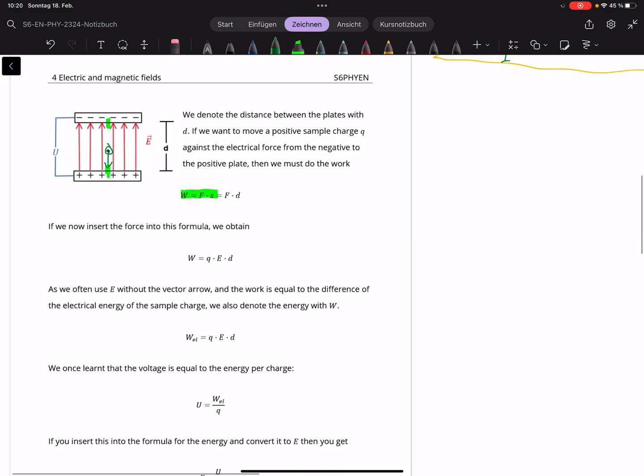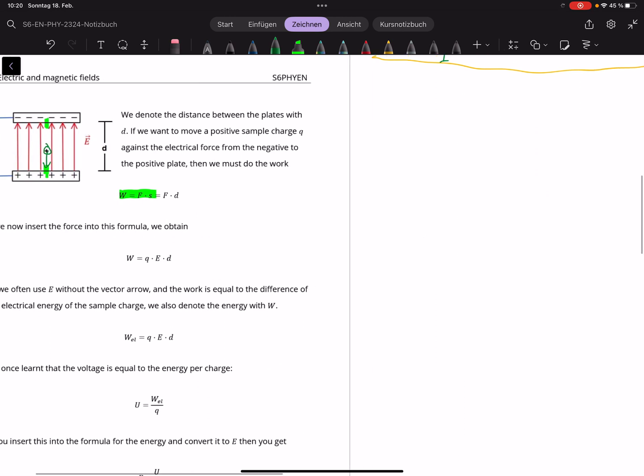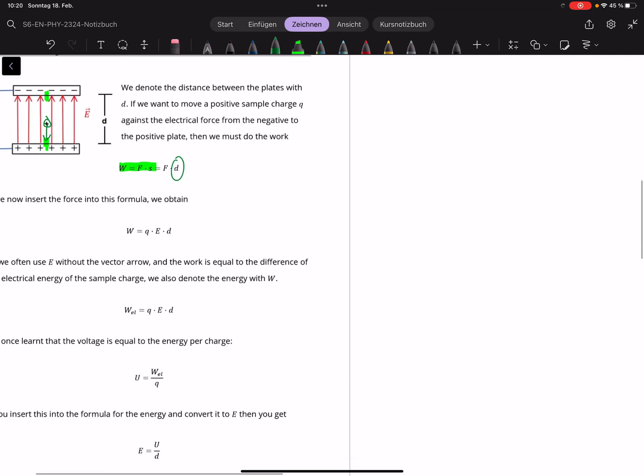So the work is F, and that is indeed what we do now, is we can calculate the energy that is stored in this electrical field. So that's when we insert the distance d.